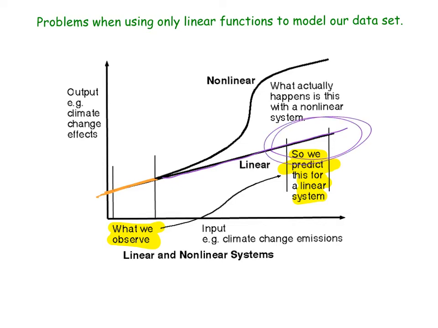However, if the graph is actually nonlinear, like I show here in red, this curved line, then your prediction is way off, because in actuality you're way up here with your output or your values for y. And so we need to make sure that when we look at graphs, we not only look to see if they're linear or nonlinear, but we also take note of that in our predictions. Is it a nonlinear prediction or a linear prediction?